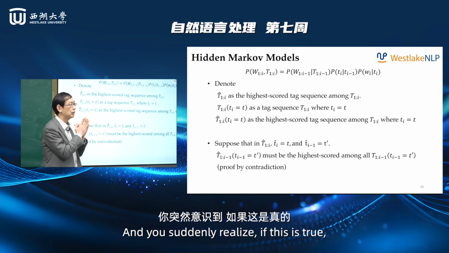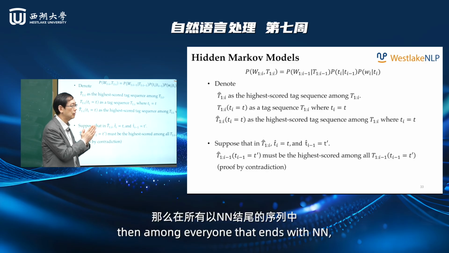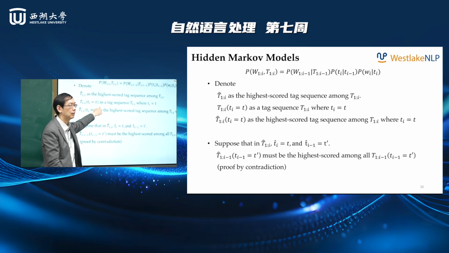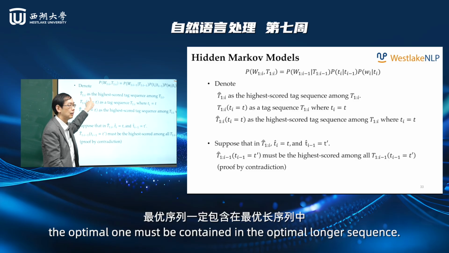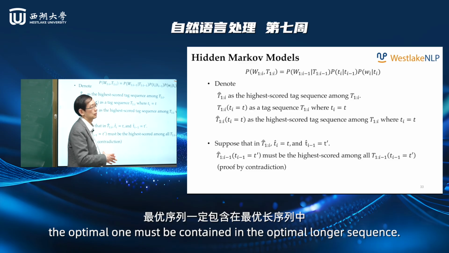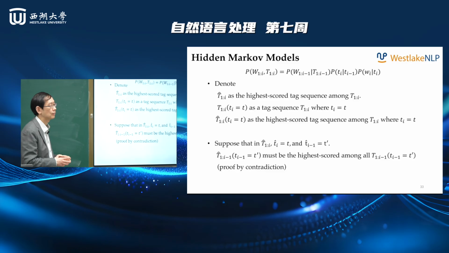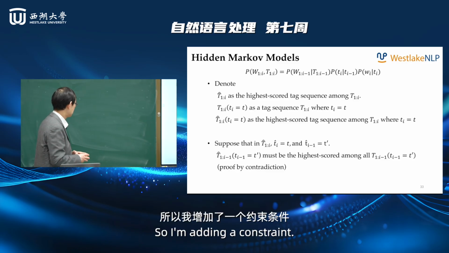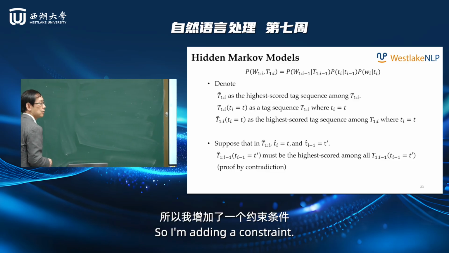And you suddenly realize, okay, if this is true, then among everyone that ends with noun, okay, the optimal one must be contained in the optimal longer sequence. Okay? So I'm adding a constraint, right?